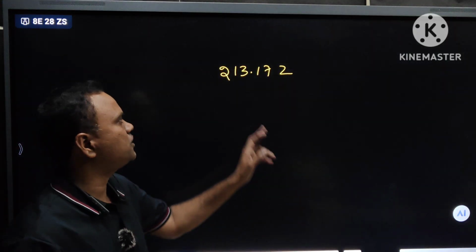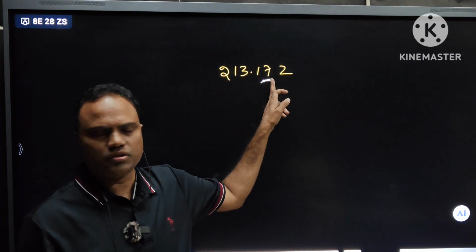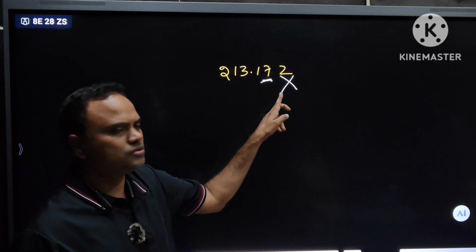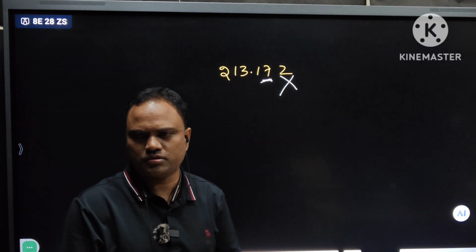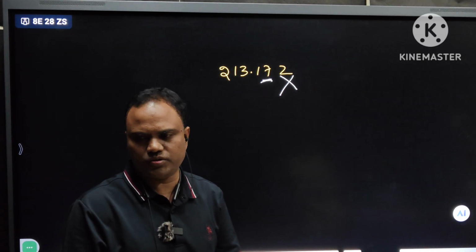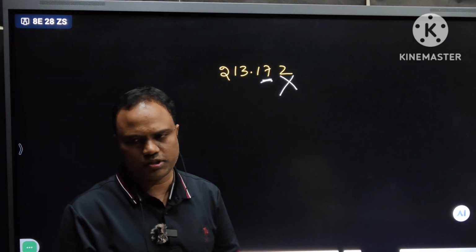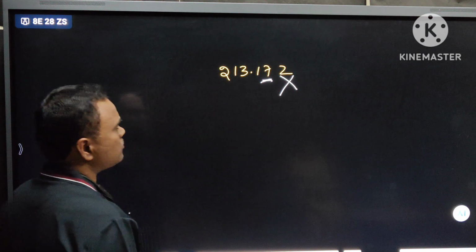I wanted to take up to 2 decimal places, means up to 7 only. I wanted to remove this 2, then I have to follow some rules. While rounding of the numbers or digits, we should follow some rules. Rules to round up the numbers.